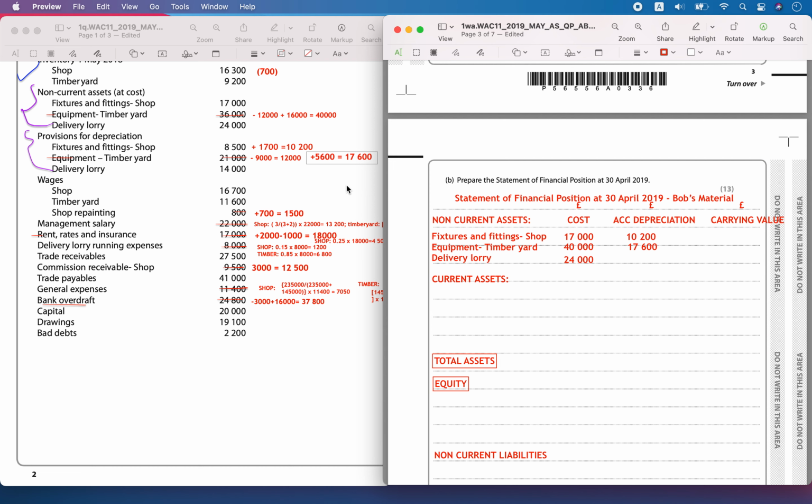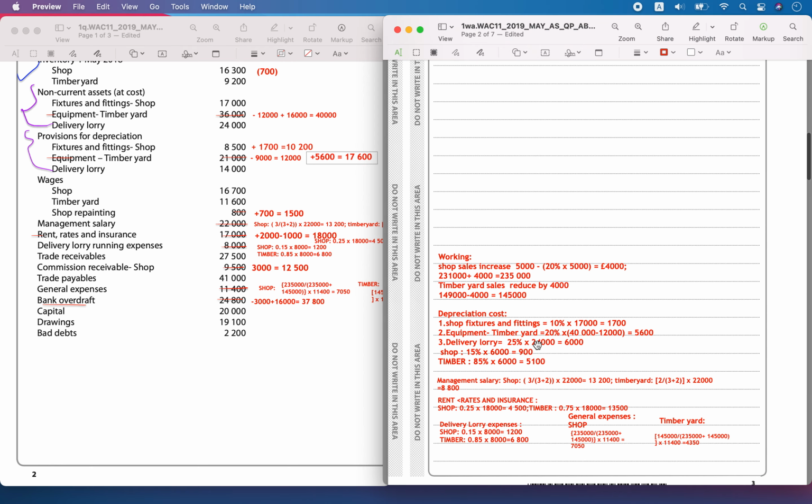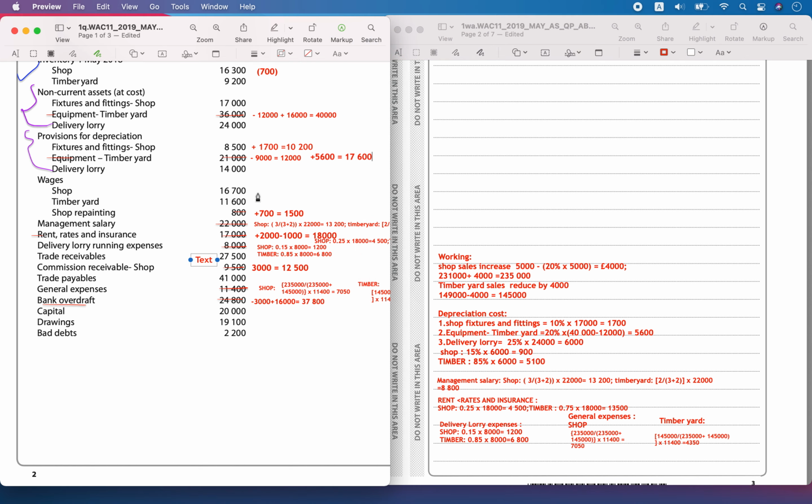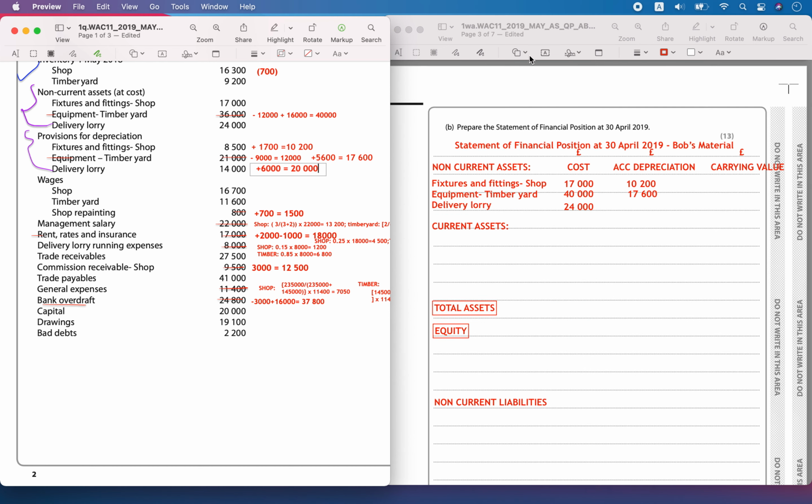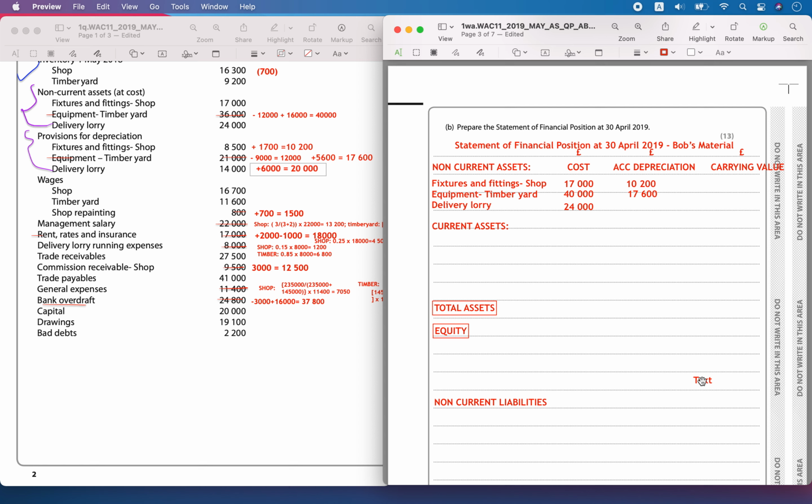Next is the delivery lorry, which was 14,000, and this year's depreciation, which I had already calculated in the previous question, is 6,000. So 14,000 plus 6,000 is equal to 20,000 accumulated depreciation for the delivery lorry.